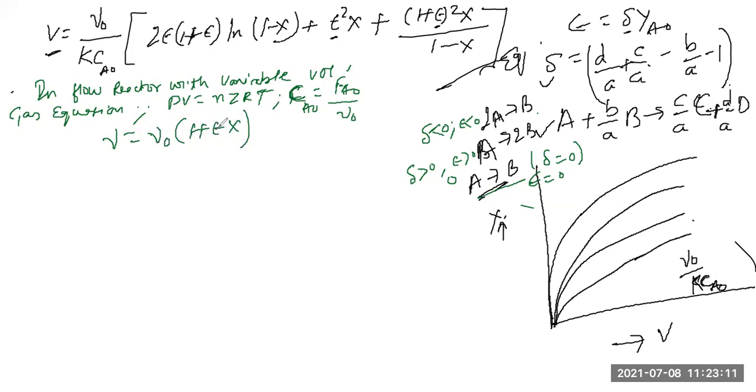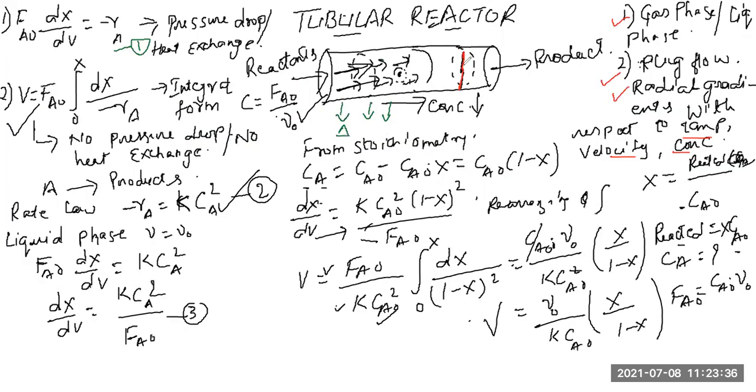Now, based on the value of epsilon, we would be looking into the flow rate. The flow rate of the reactants will increase, decrease, or remain the same. If the flow rate increases, then reactants will stay in the reactor for less time. If this is the reactor and the volumetric flow rate goes down, then reactants will spend more time in the reactor.